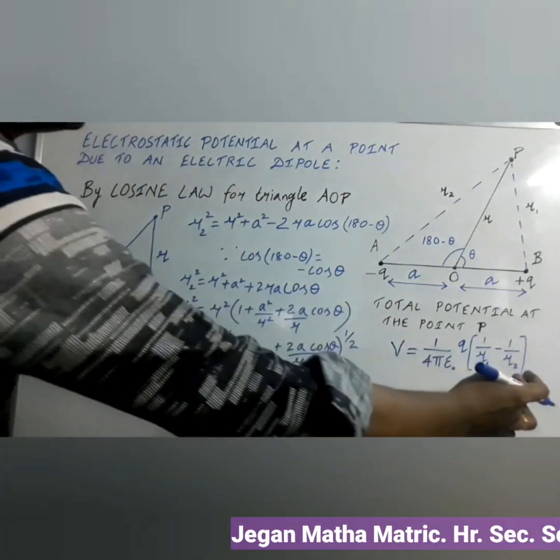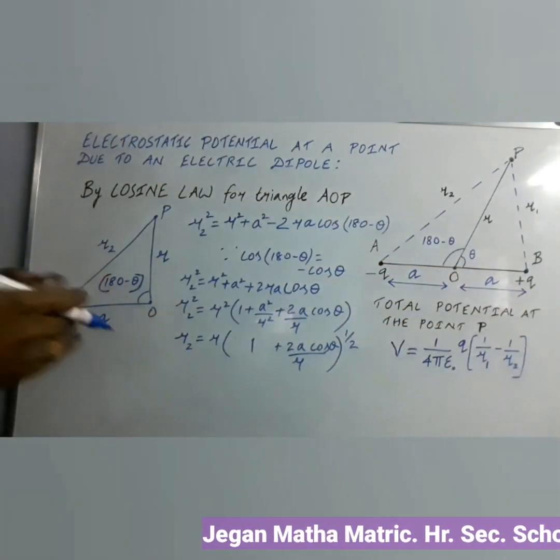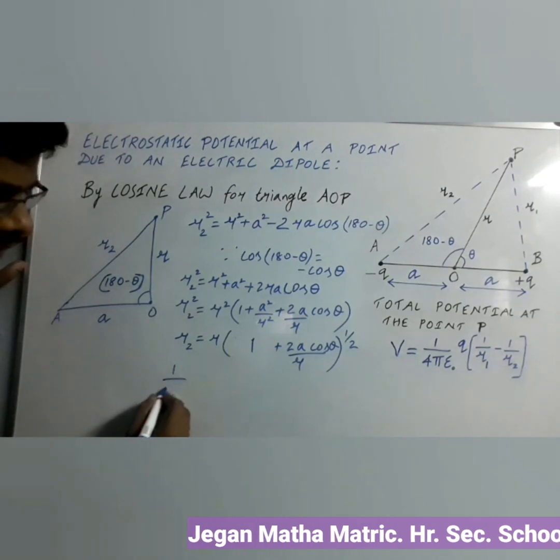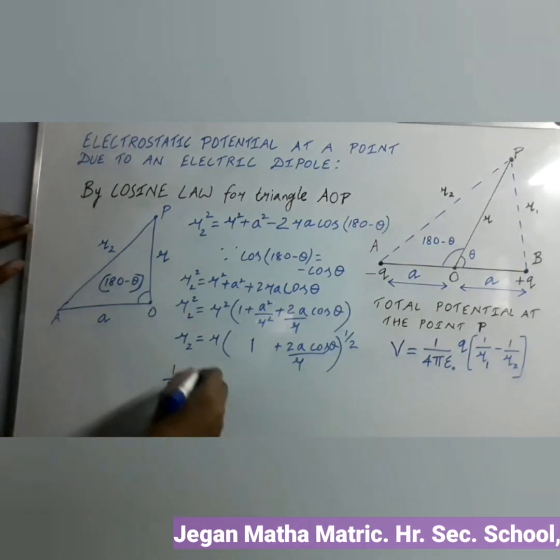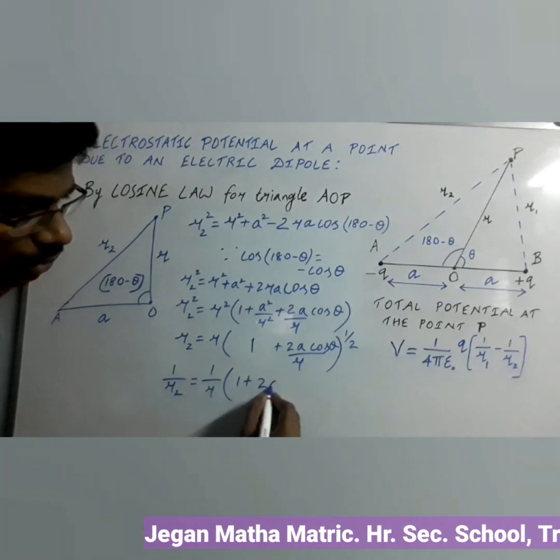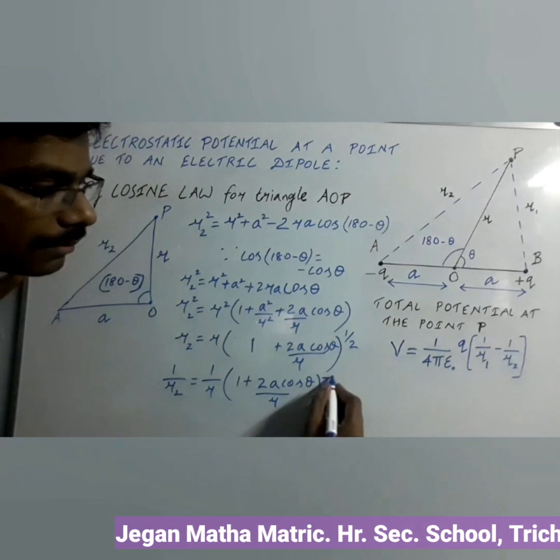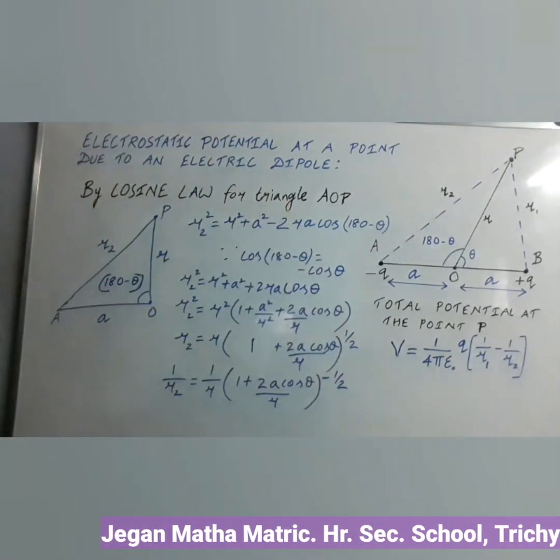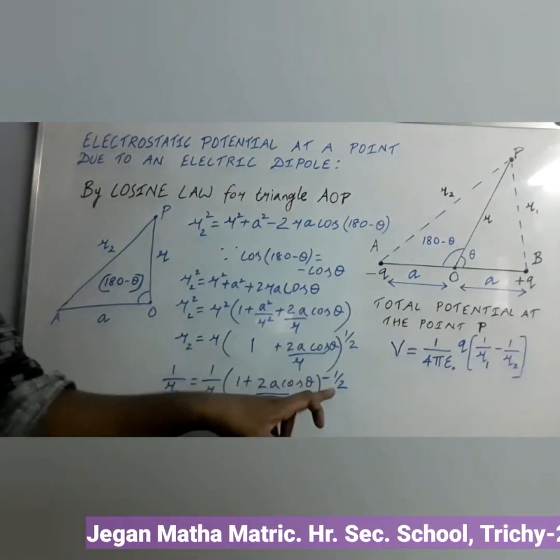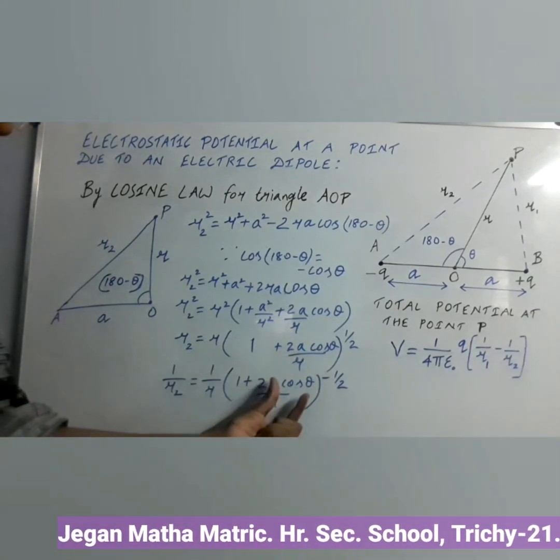What are we going to apply here? We are going to apply 1 by R2. For that you have to take the reciprocal of R2. So 1 by R2 is equal to, here you can take the reciprocal of R, 1 by R, 1 plus 2A cos theta by R, power minus 1 by 2. What you are going to do? You are going to use the binomial theorem. The power value minus 1 by 2 is multiplied with the second term.